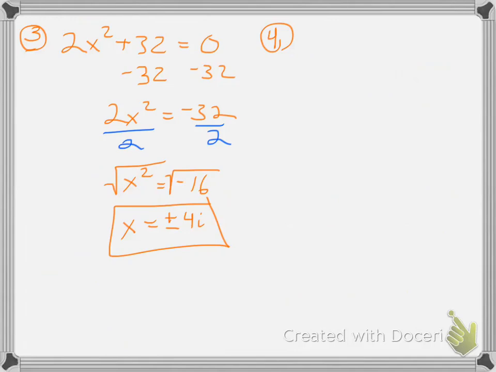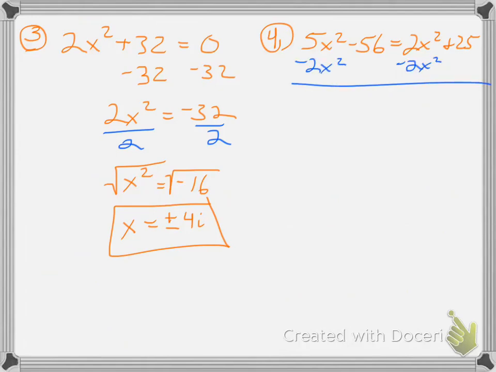So, one more. Okay, I've got to get my like terms together first. So I'm going to subtract 2x squared. I want to keep that x squared term positive. So I have 3x squared minus 56 is equal to 25. Add the 56. 3x squared is equal to 81.